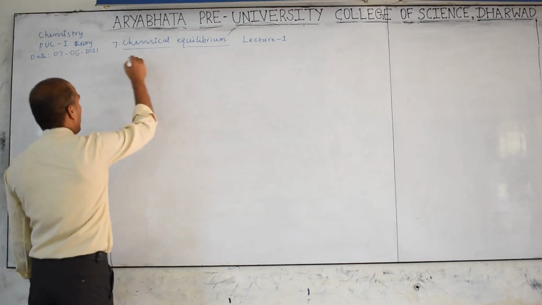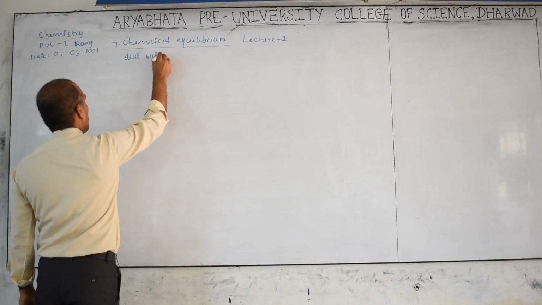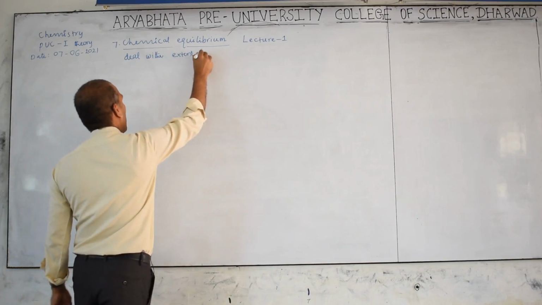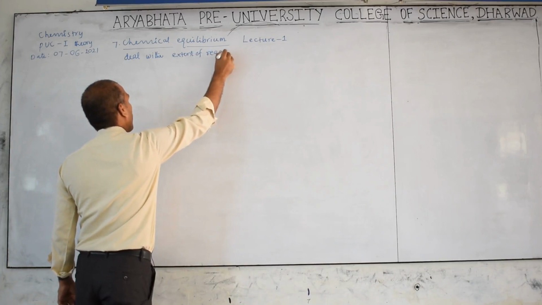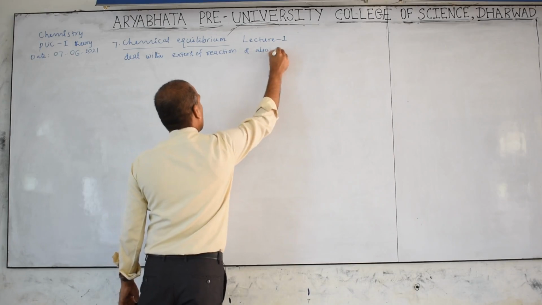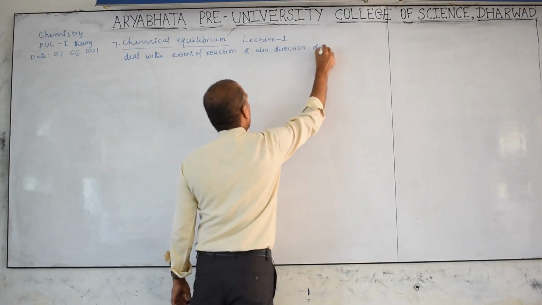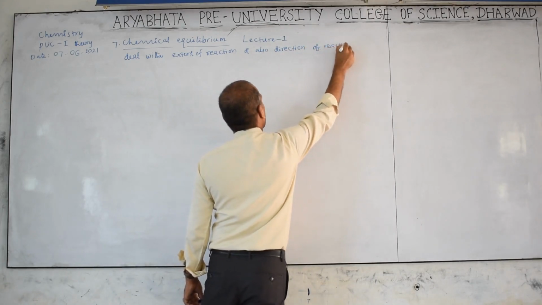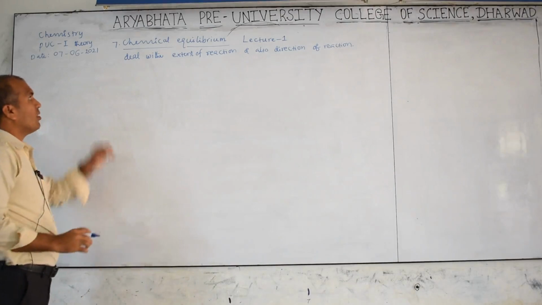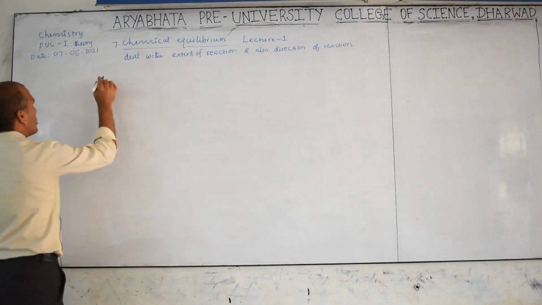Chemical equilibrium deals with the extent of reaction and also the direction of reaction. Now, based on this extent of reaction, reactions are of two types.